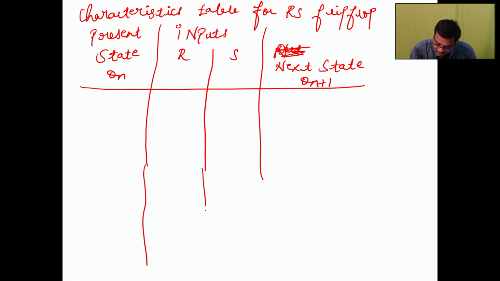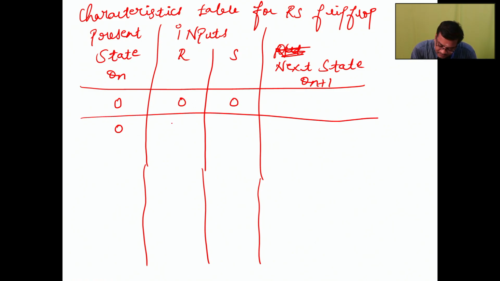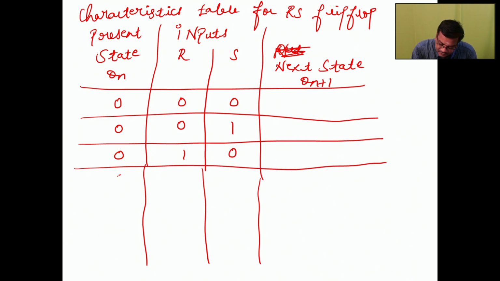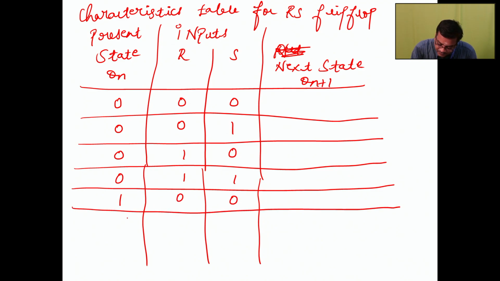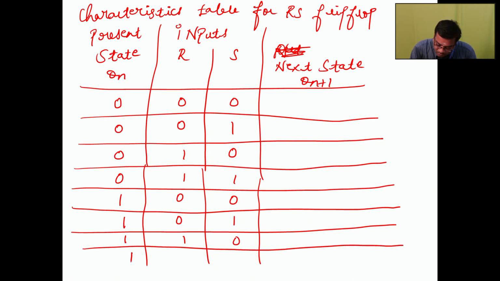The present state we can consider 0 and 1. So the rows are 0 0 0, 0 0 1, 0 1 0, 0 1 1, 1 0 0, 1 0 1, 1 1 0, and 1 1 1.